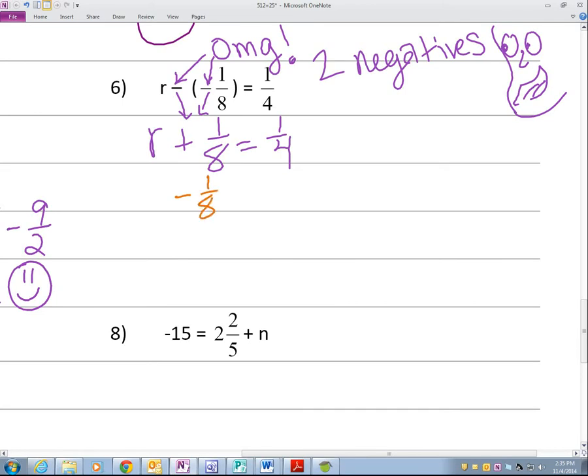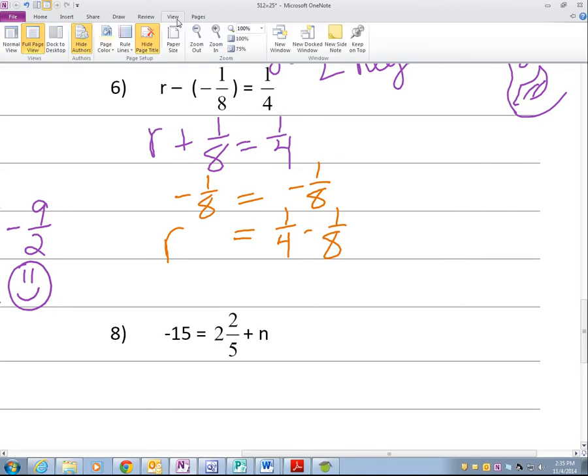So I've made it because 2, a minus a negative becomes plus, which is here. And to undo that positive, I subtract 1/8 from both sides of the equation, which now I have my variable. So it's 1/4 minus 1/8. I need to have common denominators. I'm going to zoom in a little bit here.